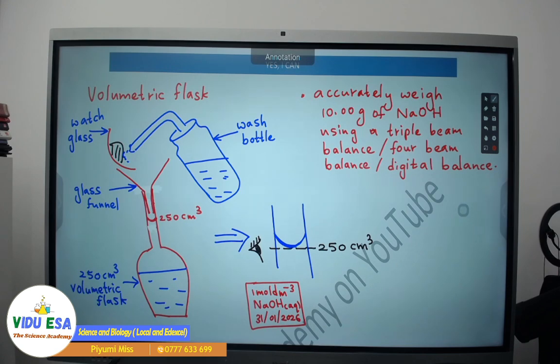There he did not mention how to top up. In the previous one, you saw how to top up the volumetric flask until you reach the exact volume. Then the method and calculation part.